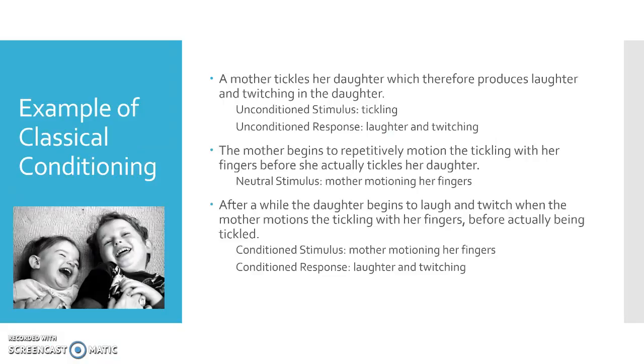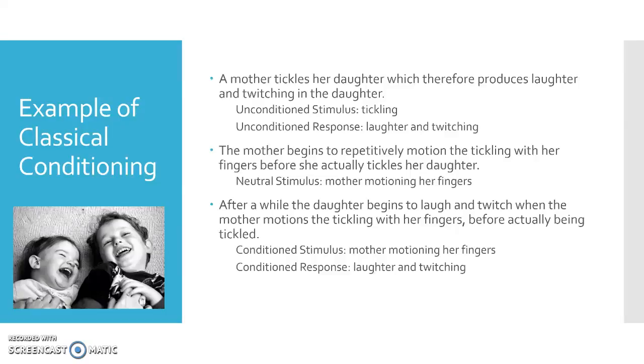Here we have an example of classical conditioning to better understand it. A mother tickles her daughter, which therefore produces laughter and twitching in the daughter. The tickling is the unconditioned stimulus, and the laughter and twitching is the unconditioned response. This is a natural reaction to the tickling. Next, the mother begins to repetitively motion the tickling with her fingers before she actually tickles her daughter.